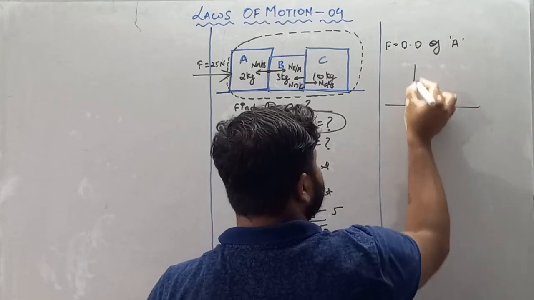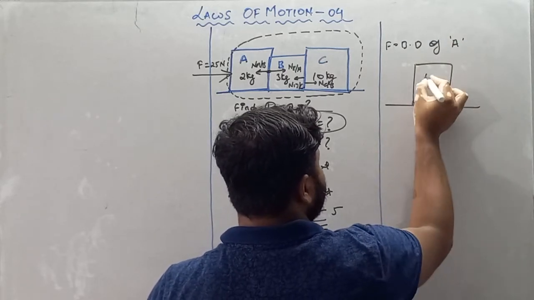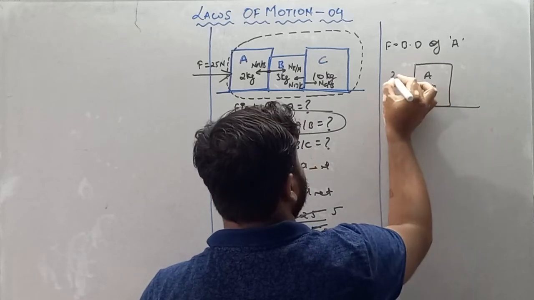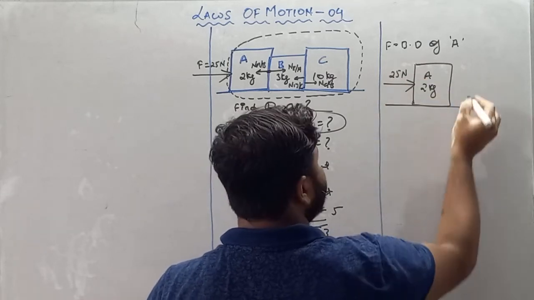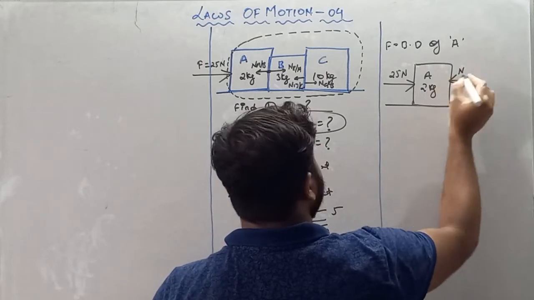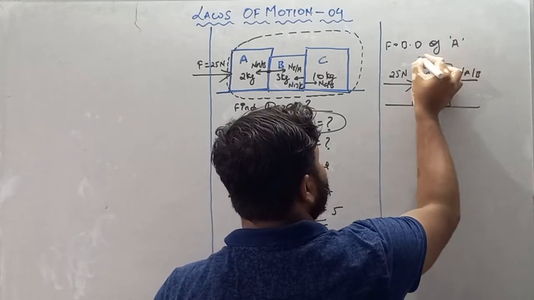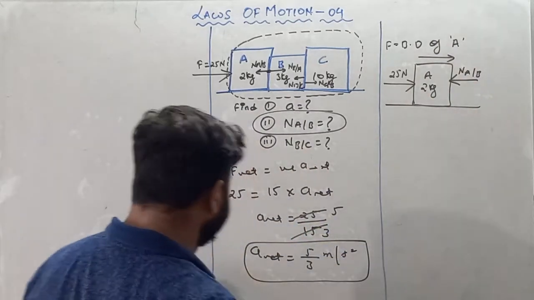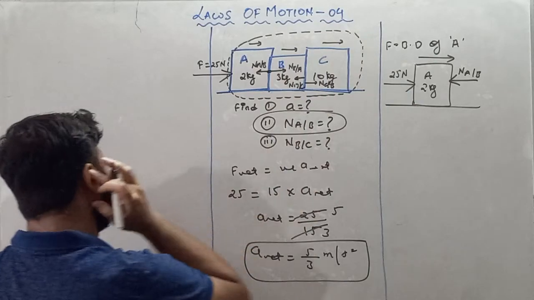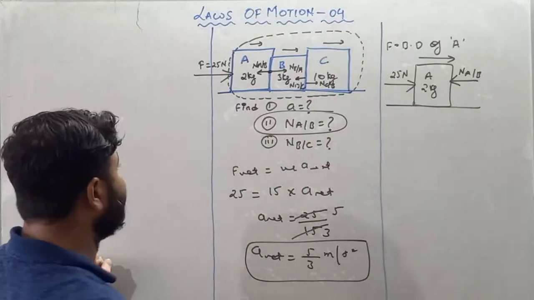This is our body A having mass 2 kg, and a force of 25 Newton is acting on it, and one force is in this direction, the normal on A due to B, and the acceleration is in this direction, my dear student. As we all know, the direction of acceleration is always along the direction of the applied force.